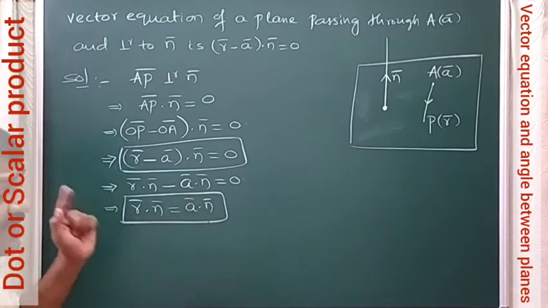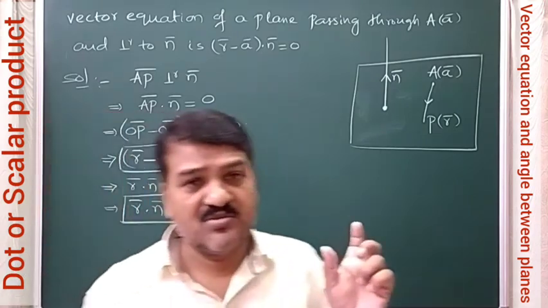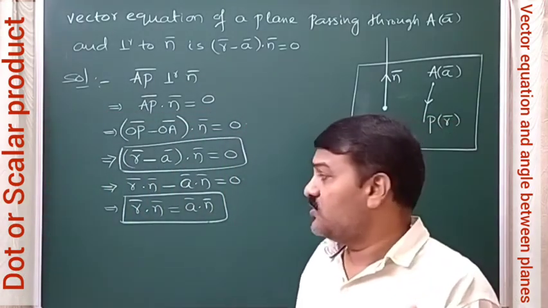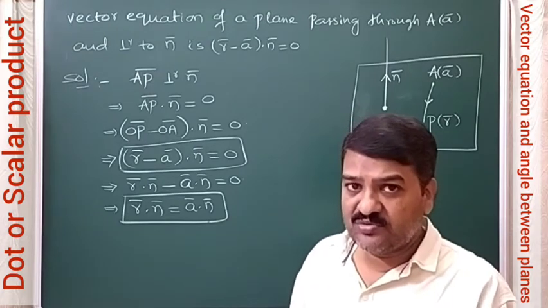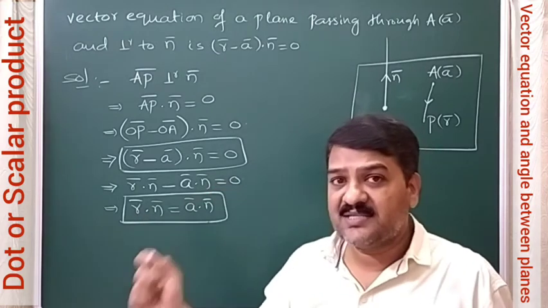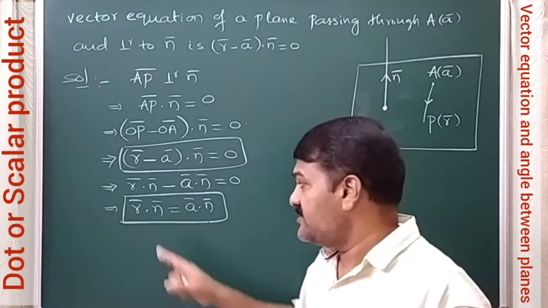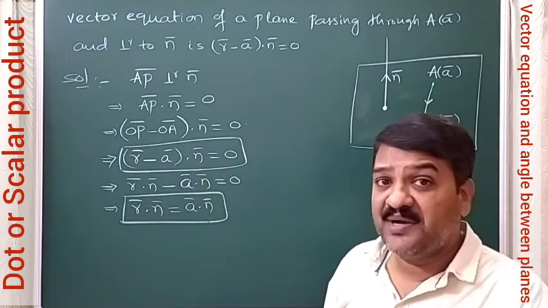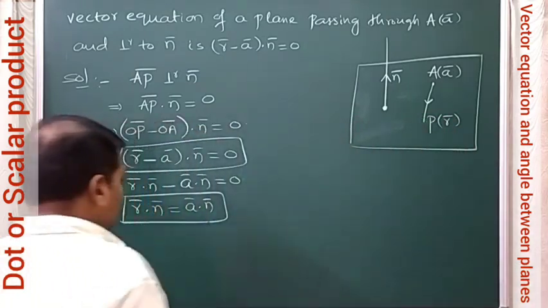To get the Cartesian form of the plane, that is the geometrical equation, or in the actual coordinate geometry, we will have equation of planes now. To get that model, R bar must be taken as x i bar plus y j bar plus z k bar always to get the Cartesian form or coordinate geometry form of the plane, equation of plane.